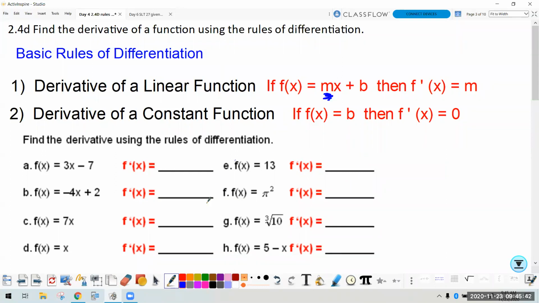And then we'll try these 8 problems. I'll give you a minute to write those down.